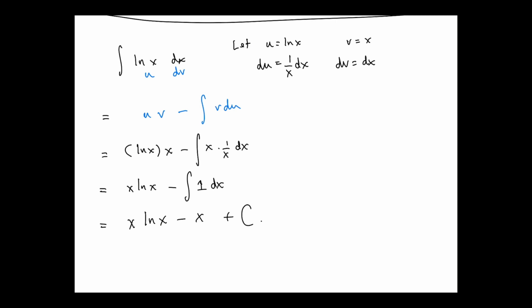Now, how do we double check that this answer is correct? Okay, and if we were to do so, what rules would we need? Well, what's the derivative of x natural log of x? We need the product rule for that, right?